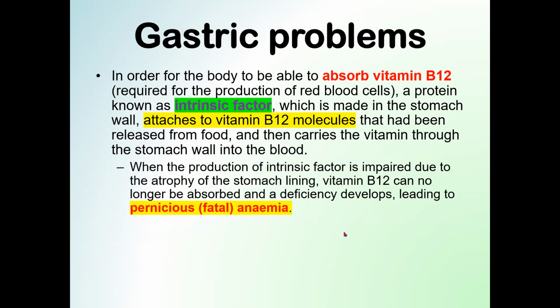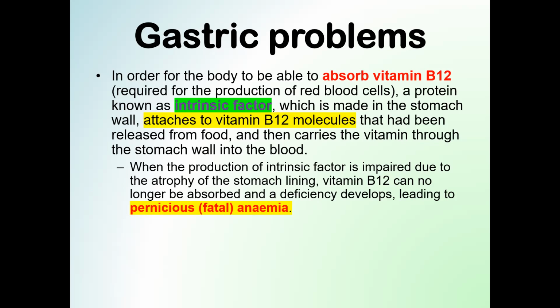I put this in. This is fascinating. There are some gastric problems, but we need a vitamin called vitamin B12, and we can't produce red blood cells without it. Now, the stomach produces a separate protein called the intrinsic factor.